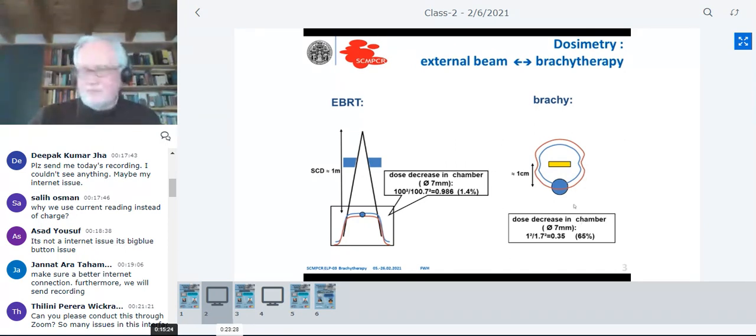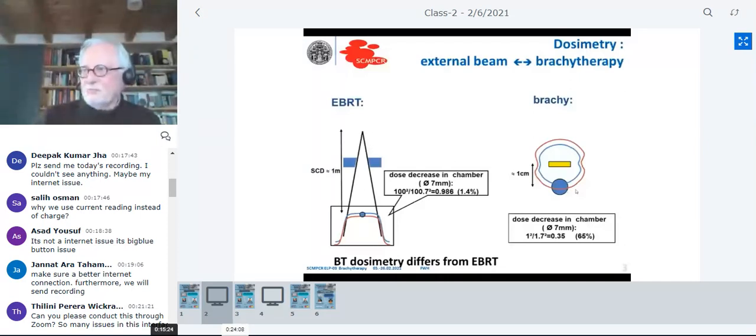So you have this large dose decrease in the chamber, and you actually don't know where the point is that you're measuring. This simply gives you no information. It's difficult to correct, especially at any distance and any position that you need. So this is in total not feasible. So the method is different. Brachytherapy dosimetry is different from that in external beam therapy and dose calculation.